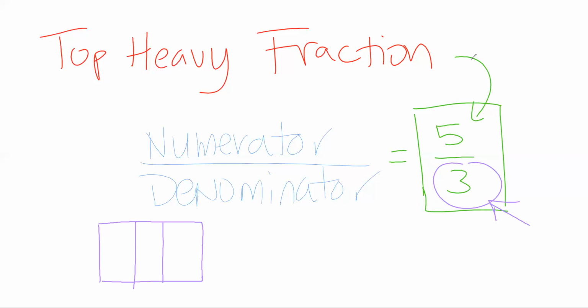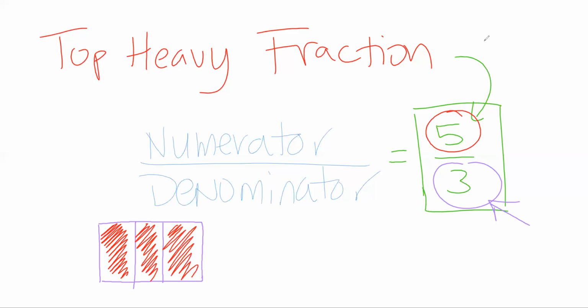And then the numerator says here is how many we have. Well, we have 5 of them. So if we started to shade that in, this would be 1, 2, 3. Now what? That's 3. I need a 5. I have 5, but here I only have 3.